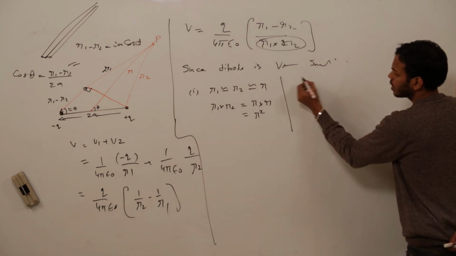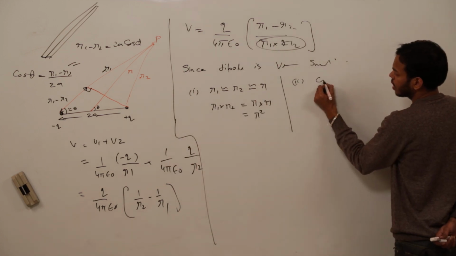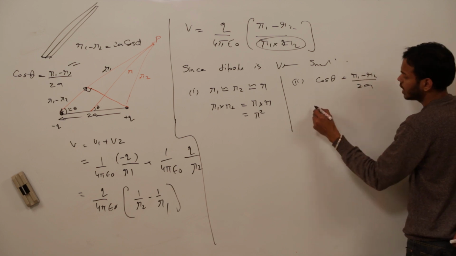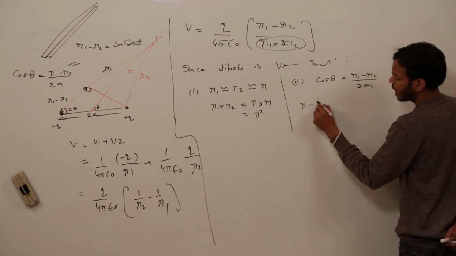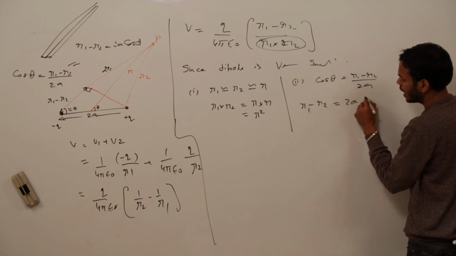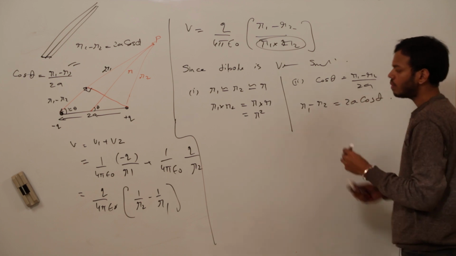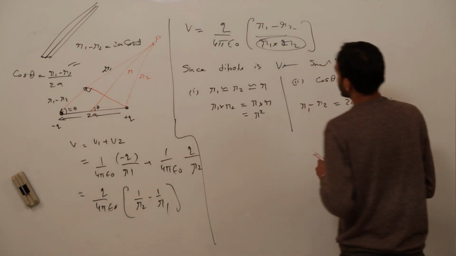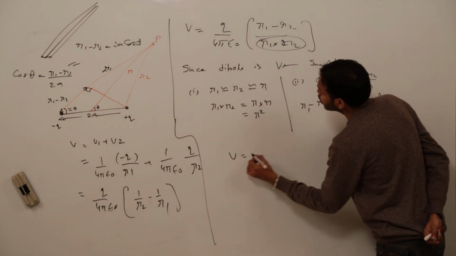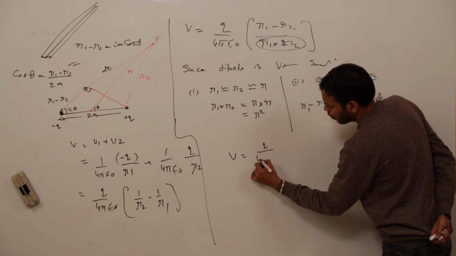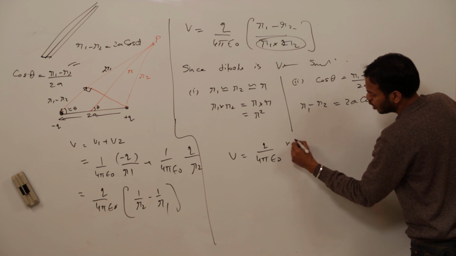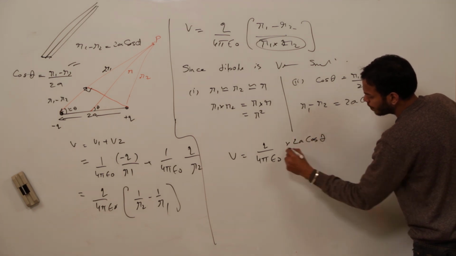Use that value here. Second, cos of theta is R1 minus R2 upon 2a. That will give you R1 minus R2 is equal to 2a cos of theta. Put both these values here and get the answer. Electric potential due to dipole is Q upon 4 pi epsilon naught, this point 2a cos theta.